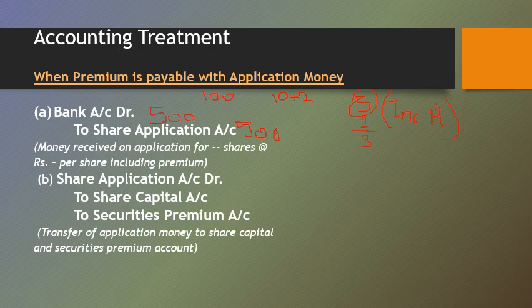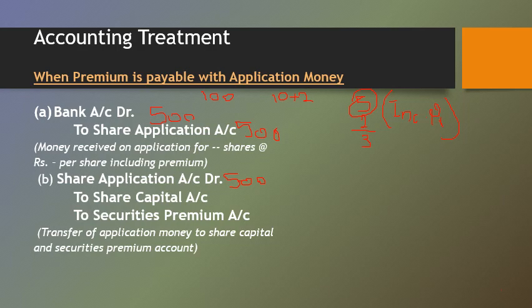At the next stage, we have to transfer this share application amount to the share capital on the acceptance of the application. Here we received rupees 500, and now we have 500 rupees in our share application account. Now we want to transfer this application money to the share capital.